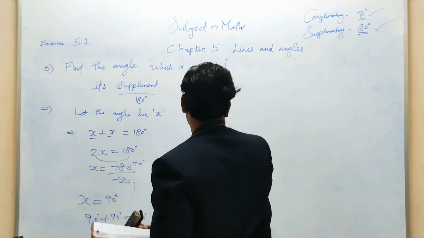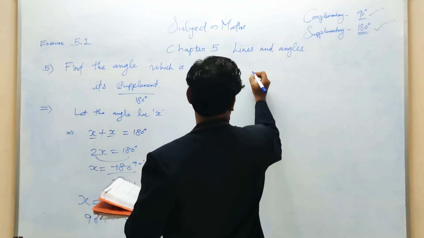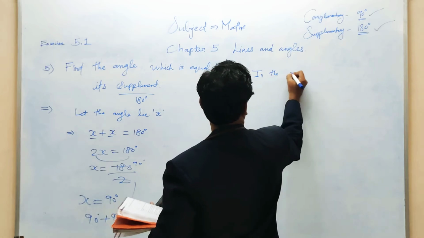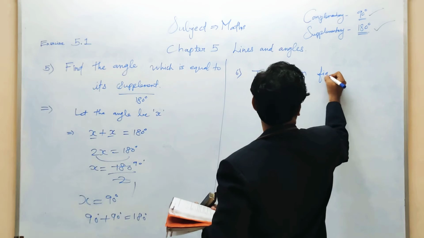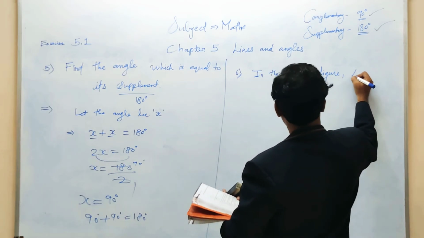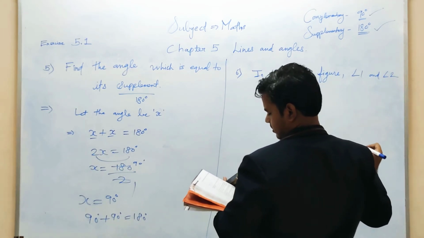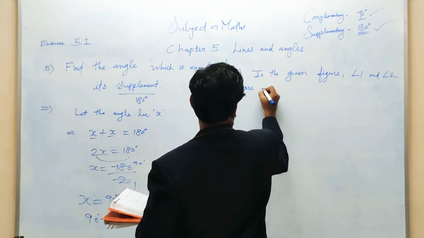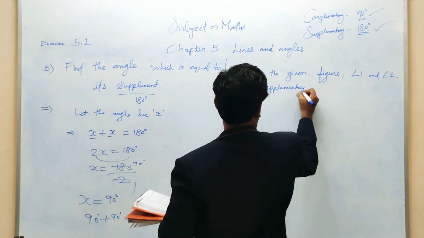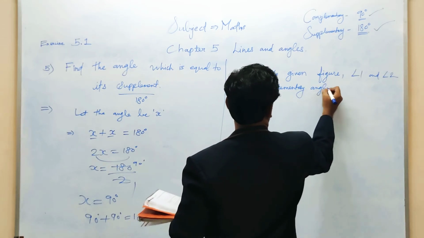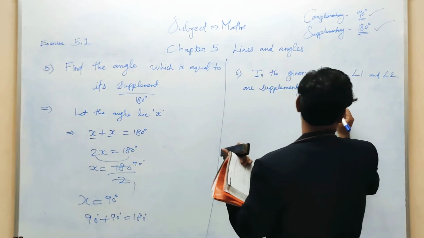Next is example number 6. In the given figure, angle 1 and angle 2 are supplementary angles. The figure is like this.